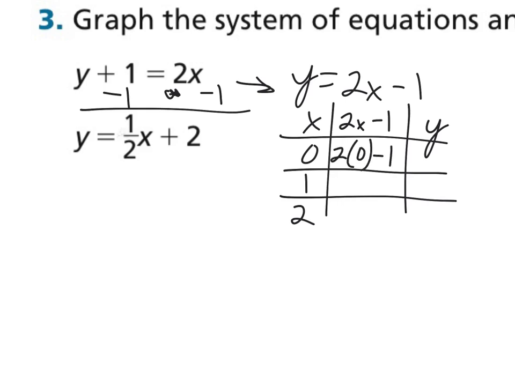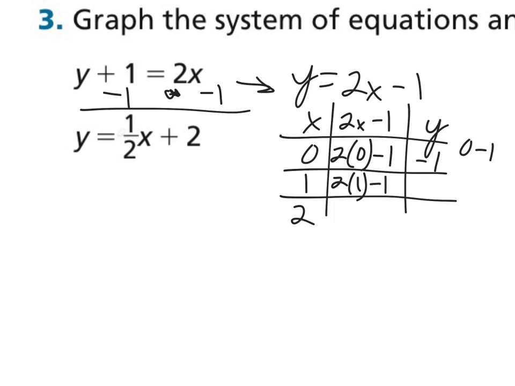Finding 3 different points is good to make sure we've got the correct line. You could also start out with your y-intercept, which is -1, and then use your slope. Slope is change in y over change in x. You could go up 2 and over 1 from that point.